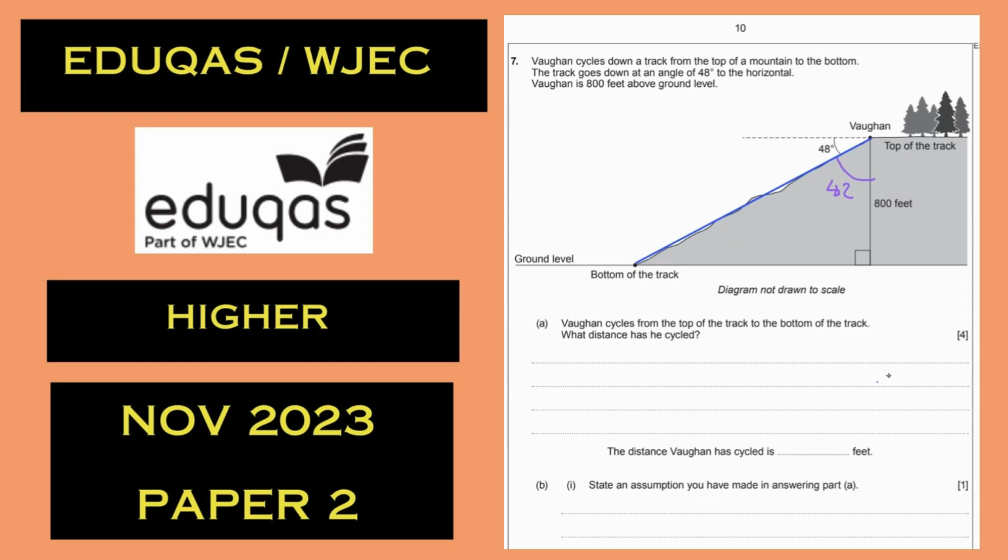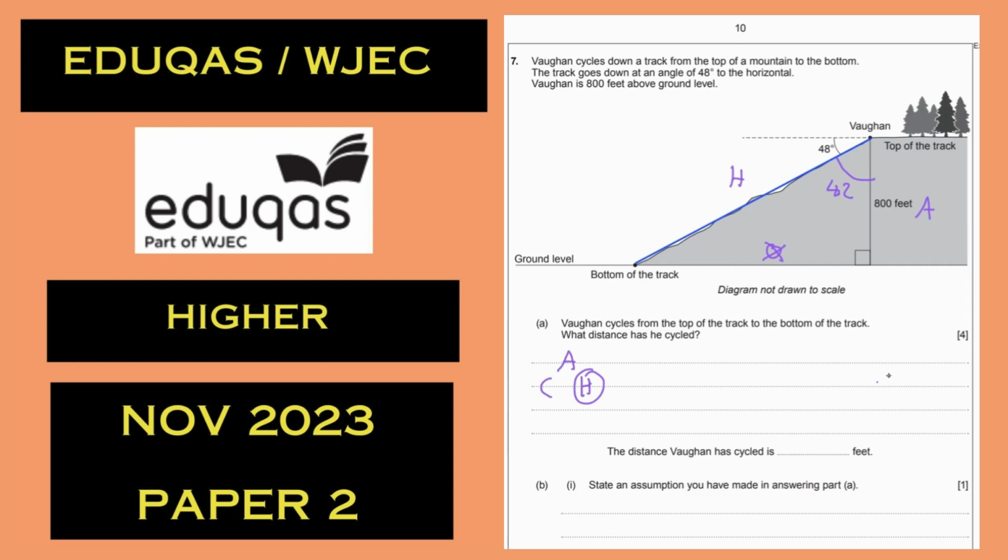I want the distance that Vaughan's travelling. I'm wanting the hypotenuse. I have the adjacent, and we're not bothered about the opposite, making this a C, A, H question.